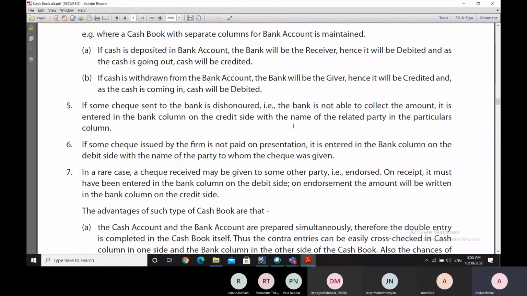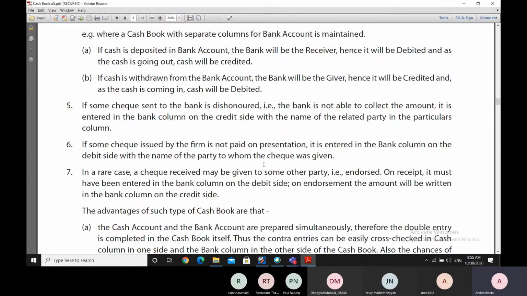the payment to somebody. But when that person makes the presentation of the check into the bank account, there is no balance there, or it is not paid due to stop payment or whatever reason. Then when the check which is issued by us is not paid on the presentation by the other party in his bank, we enter the check in the bank column on the debit side with the name of the party to whom the check was given.